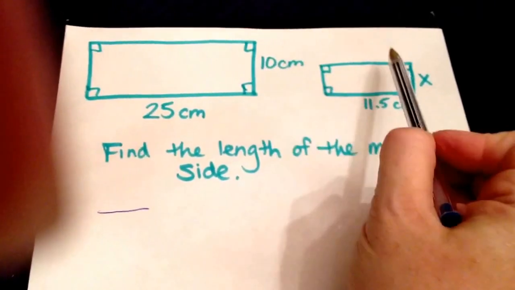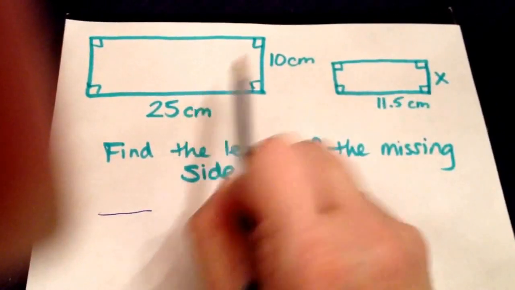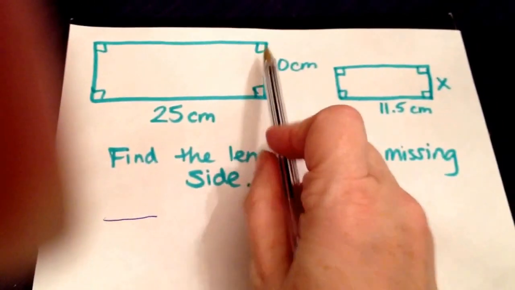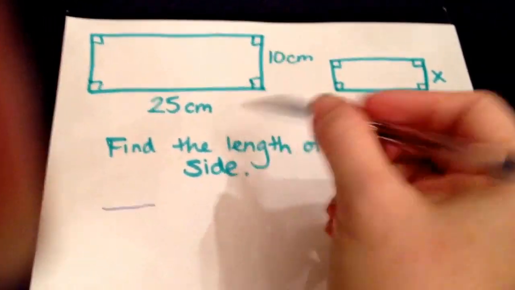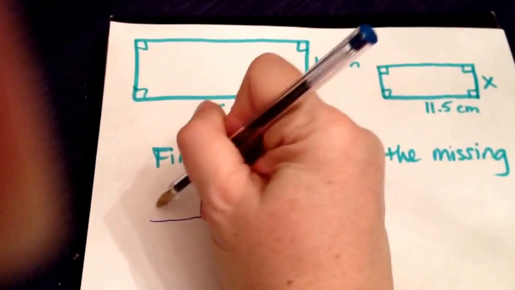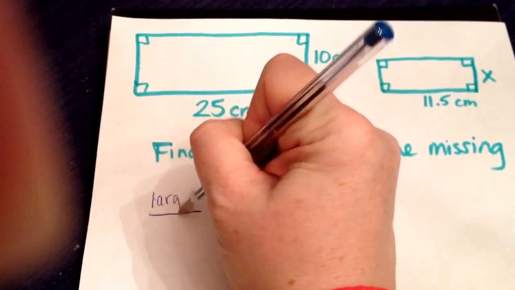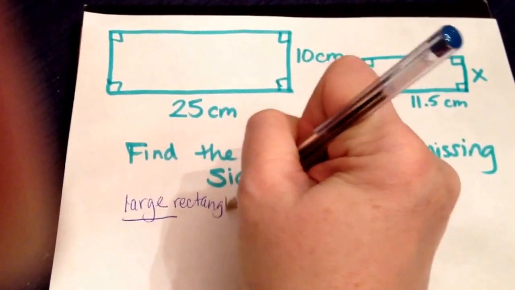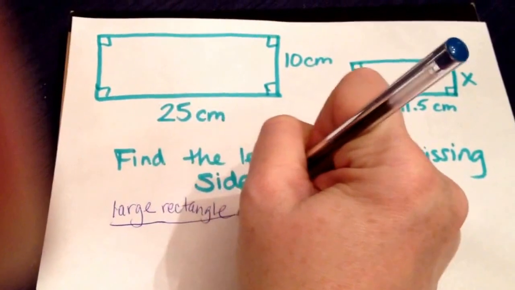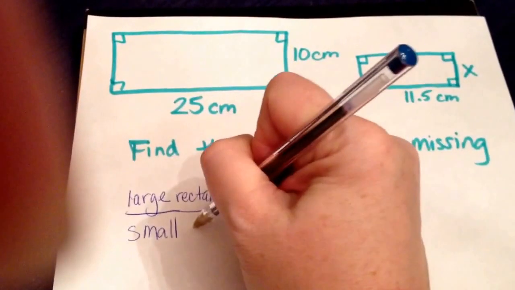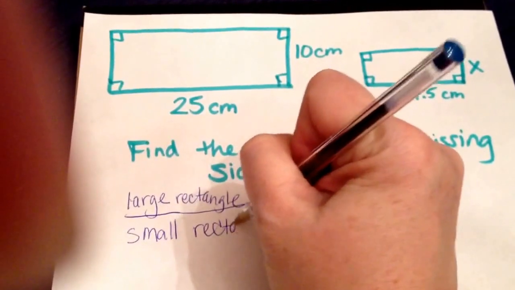So in this case, let's compare one rectangle to the other. We're going to say large rectangle over small rectangle, and that could be our word ratio.